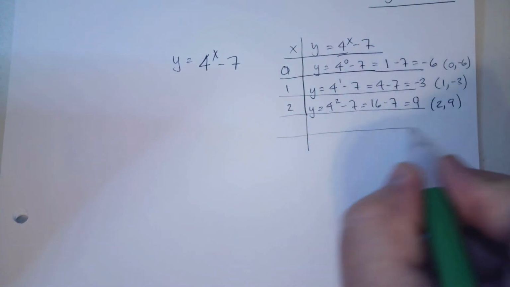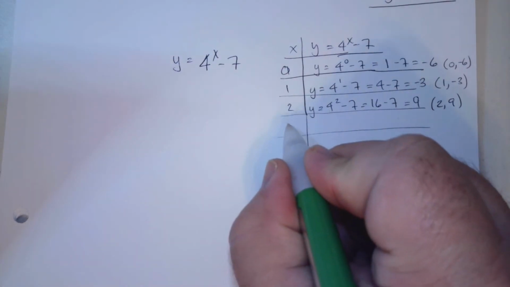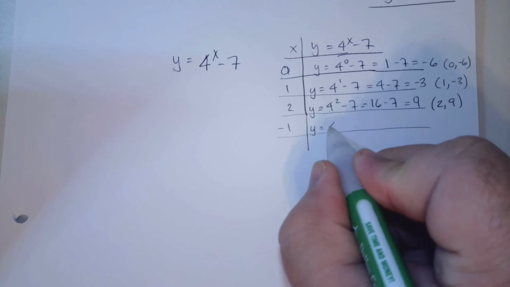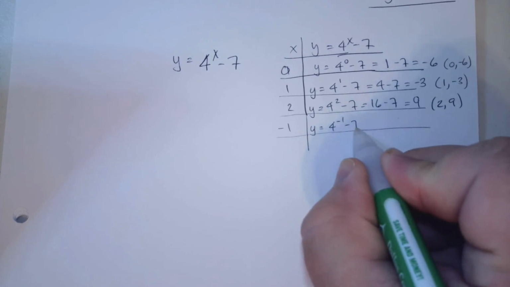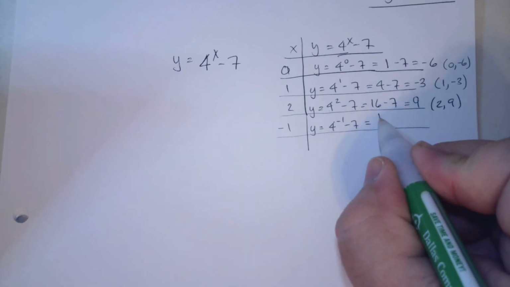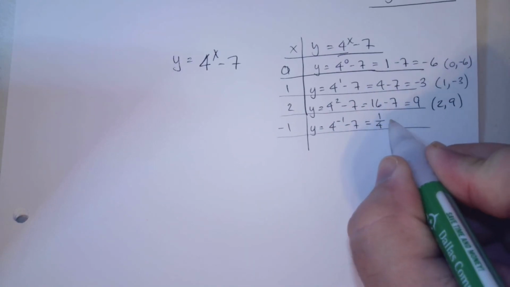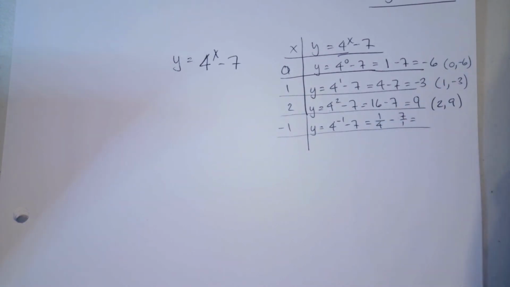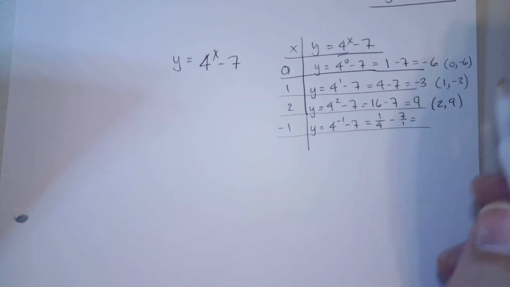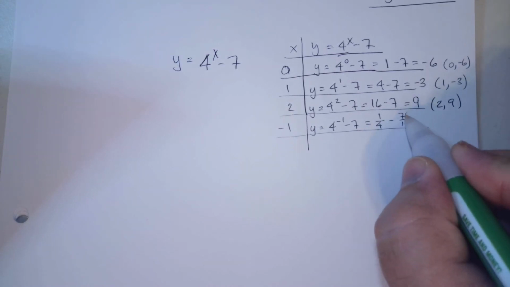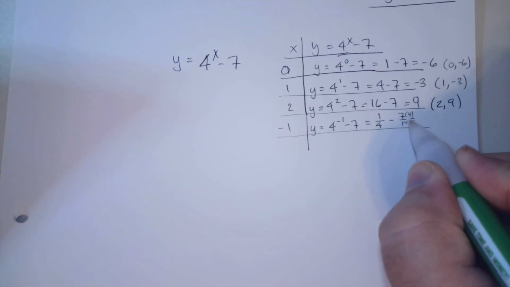So those are the positive side, the right-hand side. Let's look at -1. What would happen here? 4 to the power -1 minus 7. 4 to the -1 makes it a fraction, 1/4 minus 7/1. You have to get a common denominator, which is 4. So multiply top and bottom by 4.